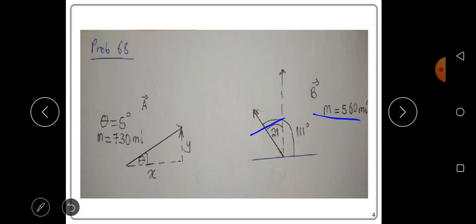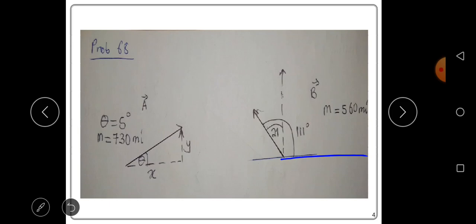Then this vector B, the magnitude is 560 miles. Then this angle here is 21 degrees, but whenever you're dealing with vectors, it's easy to solve when you make the positive x-axis your reference point.